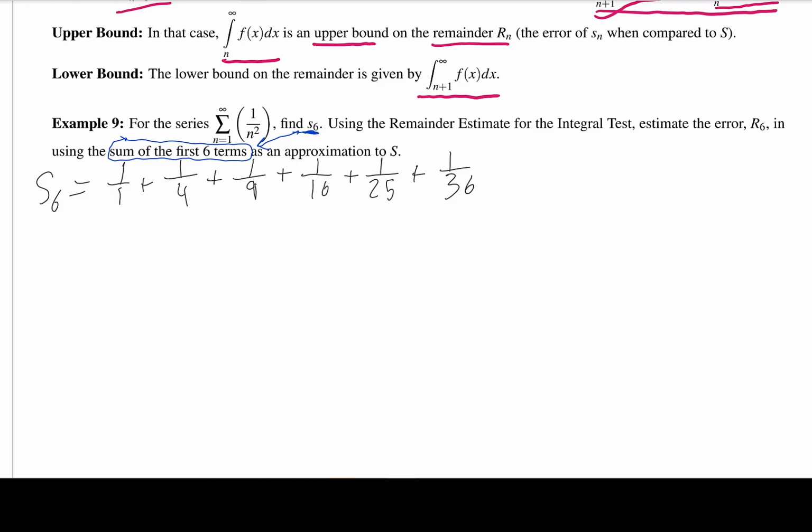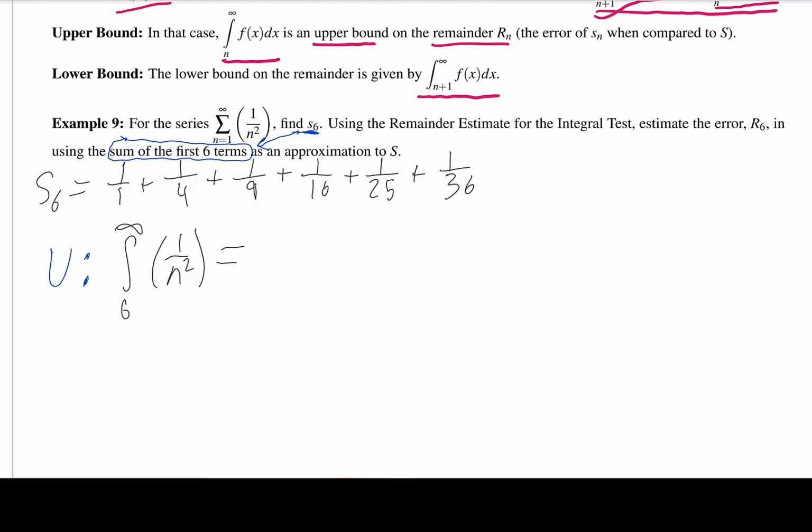So remember, the upper bound, so we'll mark this with a U. The upper bound is the integral from n to infinity. Well, n is going to be 6. So this is the integral from 6 to infinity of 1 over n squared. And we already know that this thing converges by using the p-series test.